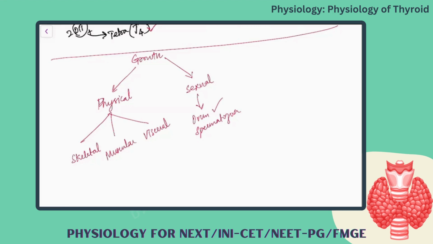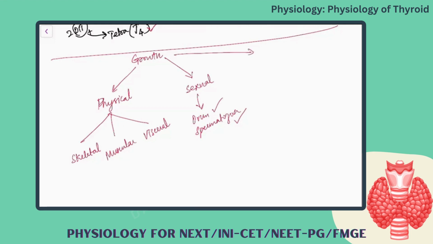She will have an abnormal or irregular menstrual cycle. And if it is a male with thyroid variation, then the sperm count, or the sperm synthesized, will not be at the normal matured level. The spermatozoa will not be normal.